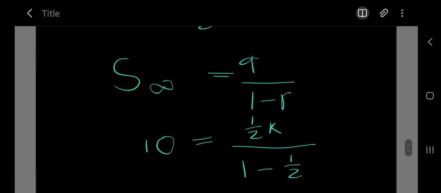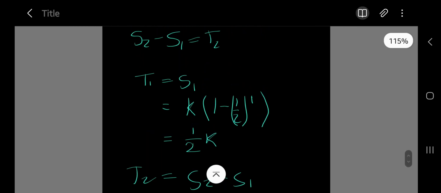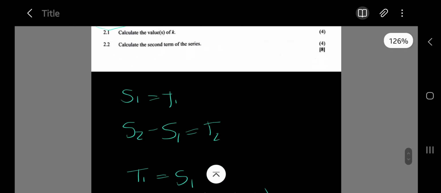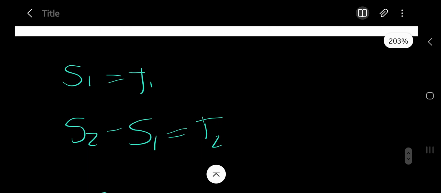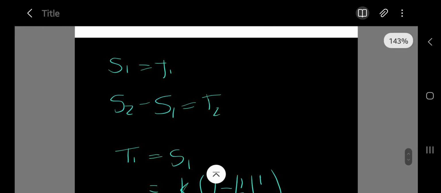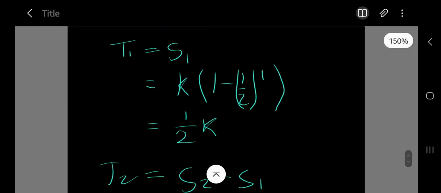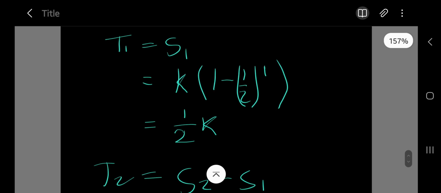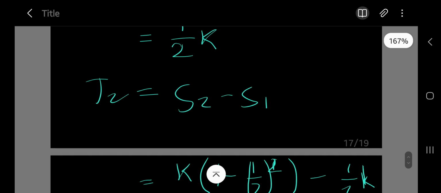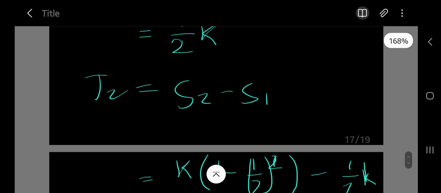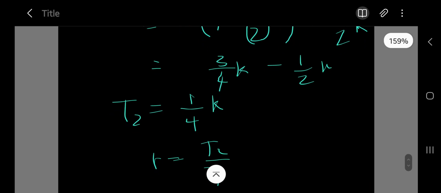So just to rewind: what we started with is understanding how we can use the sum formula to get the specific terms that we're looking for. So in this case, we clarify that term 1 is equal to the sum of the first term, and term 2 is equal to the sum of the first two terms minus the sum of the first term. And then we proceeded to find our term 2.